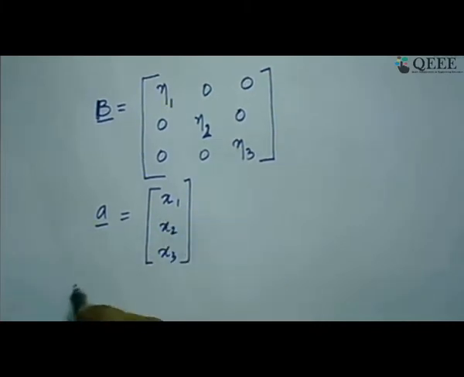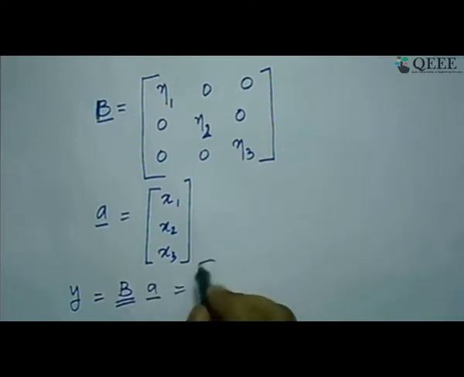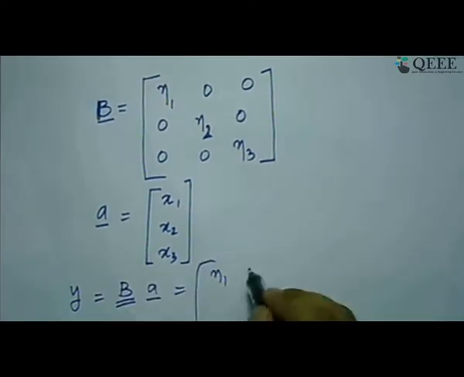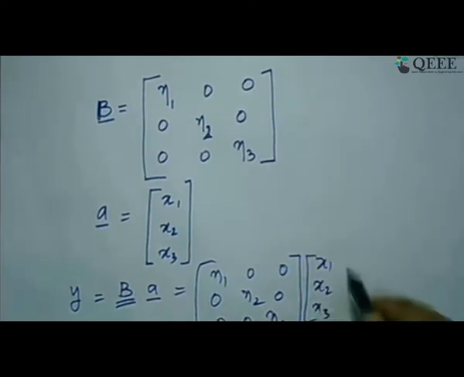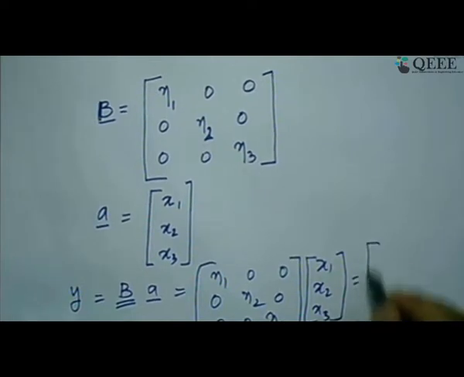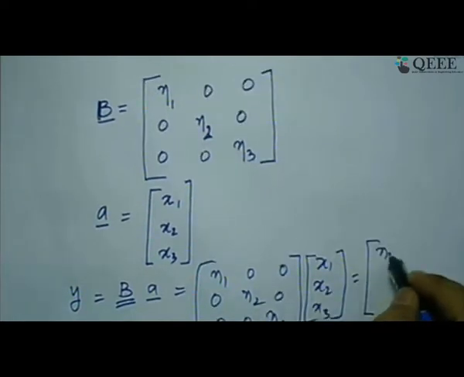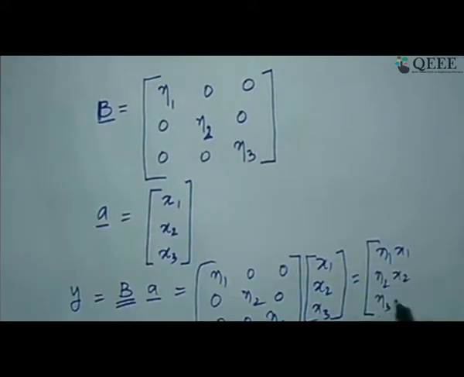Let me call the vector y the vector that I get when I act B on the A vector. So what do I get? I act eta 1 0 0, 0 eta 2 0, 0 0 eta 3 on x1, x2, x3. So I get the components of the y vector as eta 1 x1, eta 2 x2, eta 3 x3.